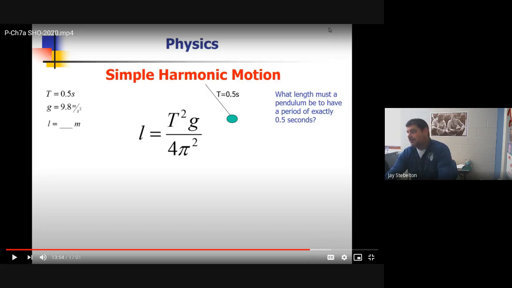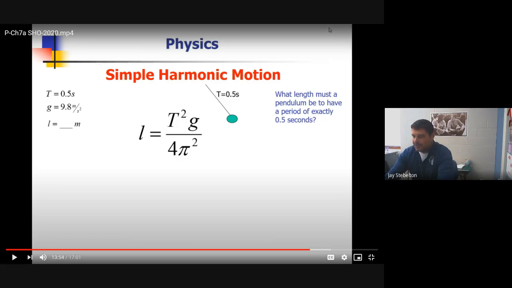It'll be a small number. Just do the pi squared, so 3.14 squared, and then multiply it by 4.